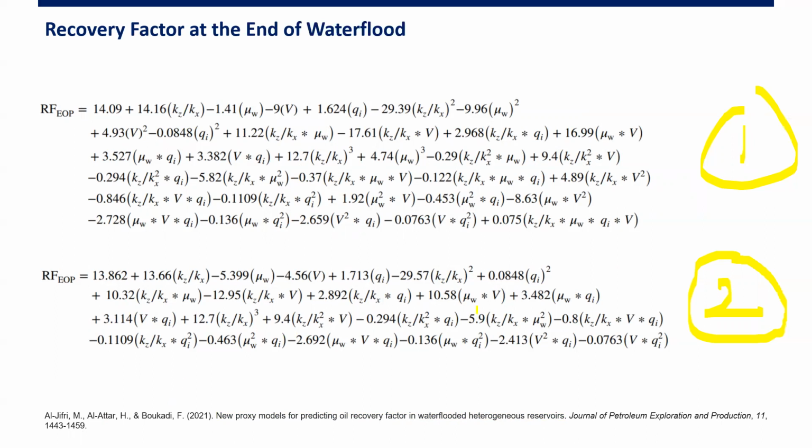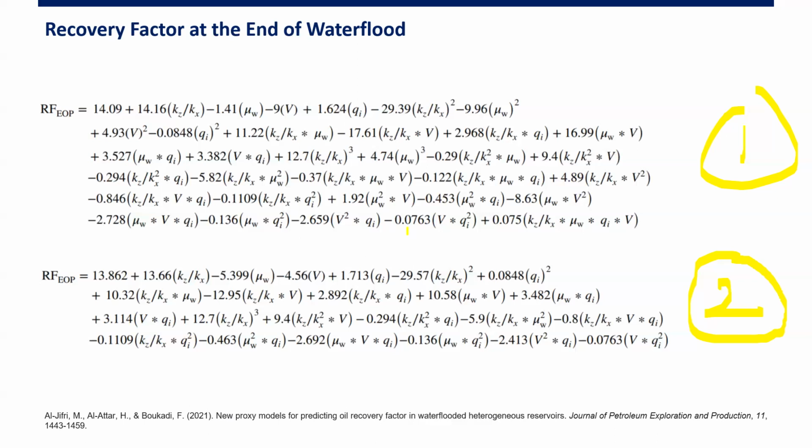You can use empirical correlations like the Guthrie correlation and the API or ARPS correlation to predict your recovery factor. You can also refer to these new advanced models or correlations.